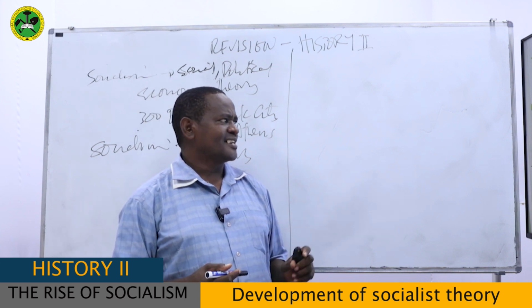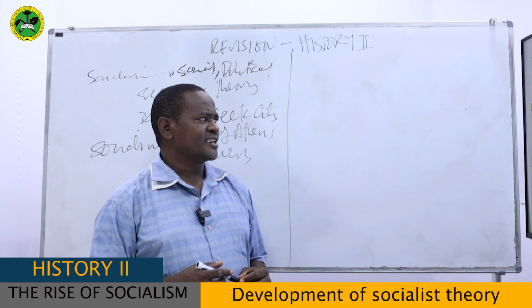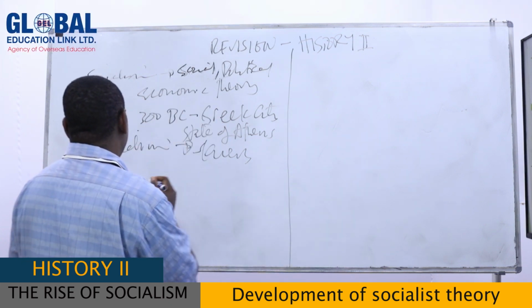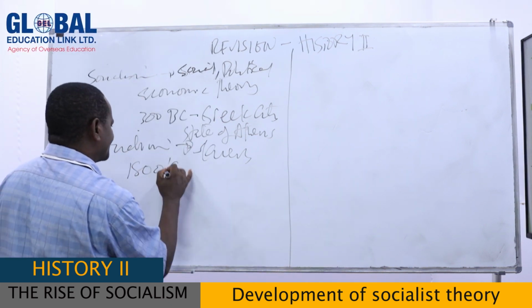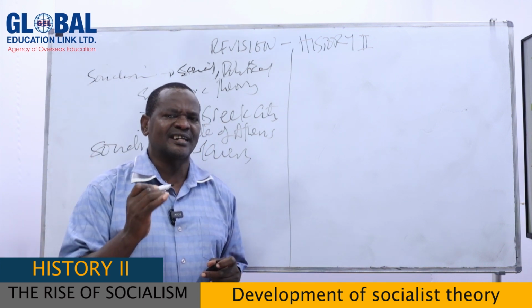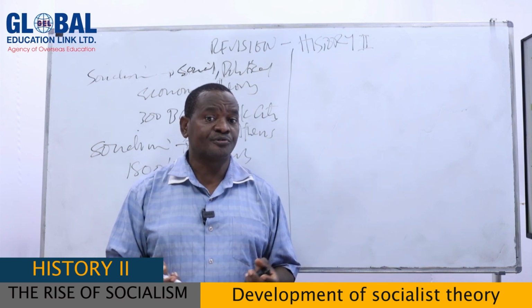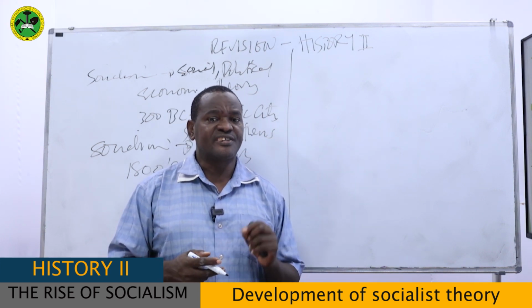The second area where we can trace the development of socialist theory is in the 1800s. During the 1800s, the word socialism started to be used in the world, as opposed to individualistic.